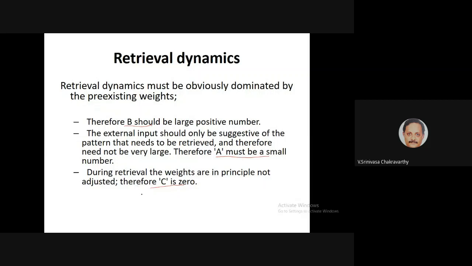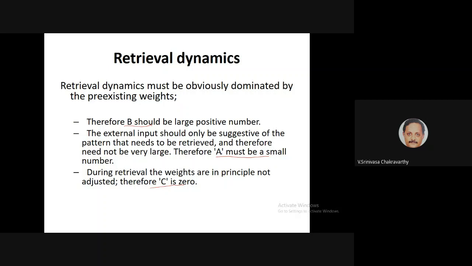Whereas for retrieval, I don't want weights to change, so C will be 0. A will just be a small positive number. B must be a large positive number because now the information is already stored in the weights. And A should not be a very large number because the external input now will have errors. It will be an incomplete pattern which I'll be presenting for retrieval.